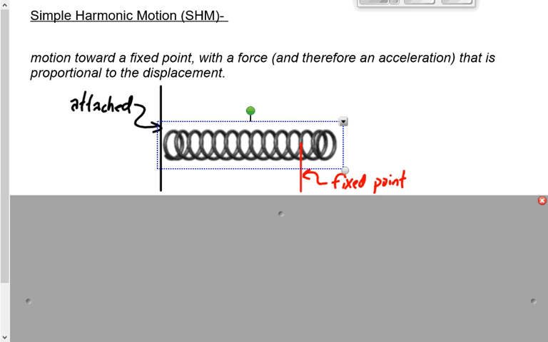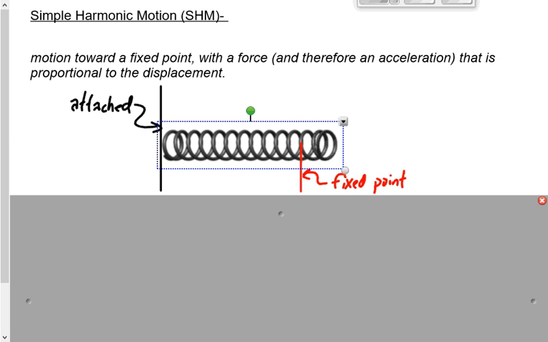There we go. Stretch just a little bit right there. Because it's stretched a little bit, the displacement is just a little bit. There is a force that pulls this spring back to where it came from, towards that fixed point. We call that a restoring force. And you guys have all experienced that, right? If you stretch an elastic or a spring, you feel it pulling back, right? You feel it pulling back to where it came from.